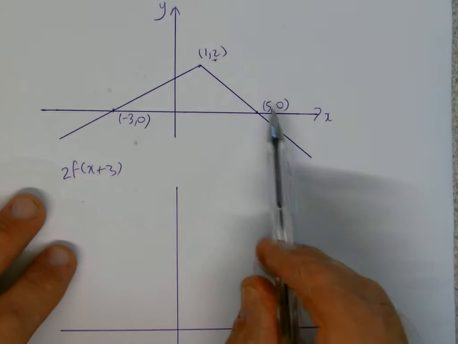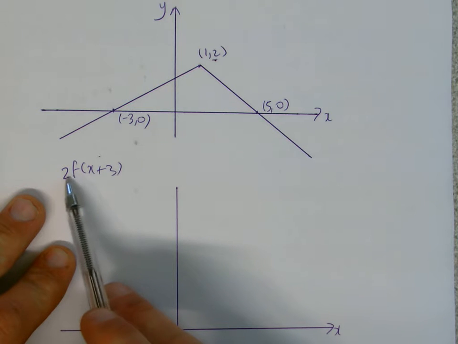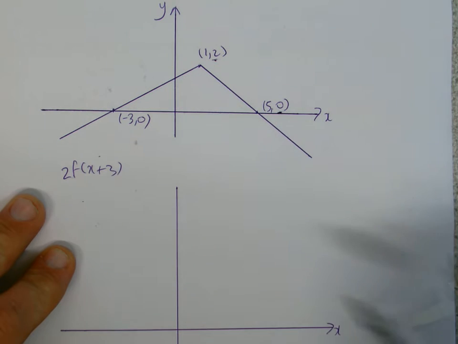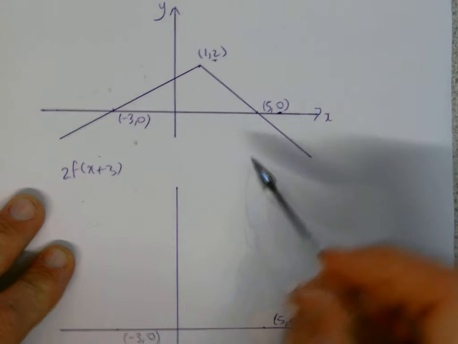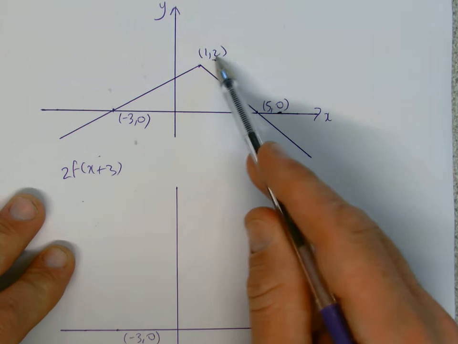Okay, so let's look at these values as well, where it crosses the x-axis. If we're multiplying the y values by 2, well, 0 times 2 is still 0. So we've got the same point, it's not affected. It's still going to be (5, 0). Likewise, that one there is going to be (-3, 0). But this point here, this maximum, you times that by 2, the y value becomes 4.